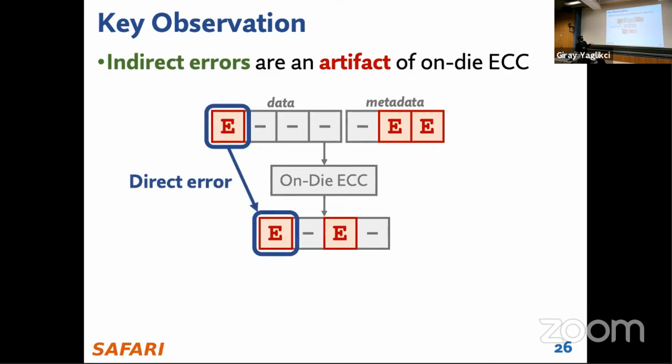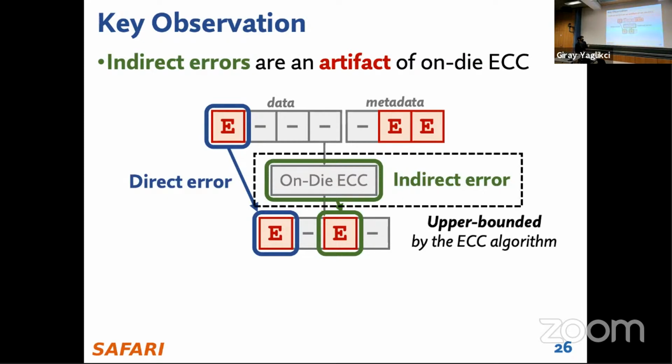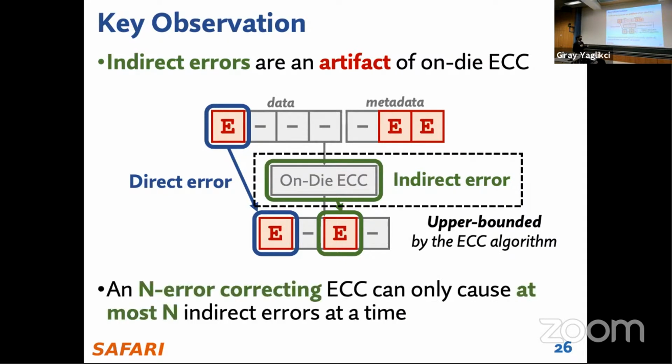Although any number of direct errors can potentially occur, only one indirect error can occur at a time, assuming, again, this is a single error correcting code. The point here is that the indirect error count is upper bounded by the ECC algorithm. So for an n-error correcting on-die ECC, at most n indirect errors can occur at a time, and by at a time, I mean on every read operation.